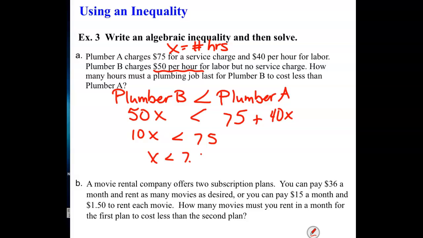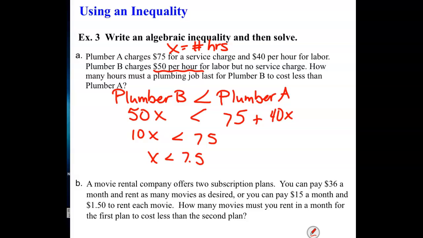So what this means is that any plumbing jobs that are going to require less than 7.5 hours, plumber B is a better bet. At exactly 7.5, they're equal, right? Anything over that, if the job's going to take more than 7.5 hours, plumber A is better.